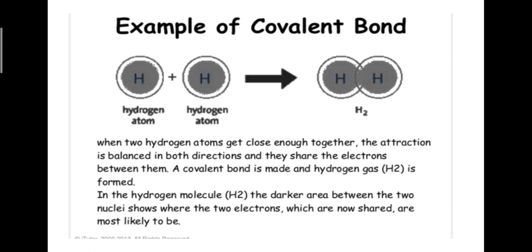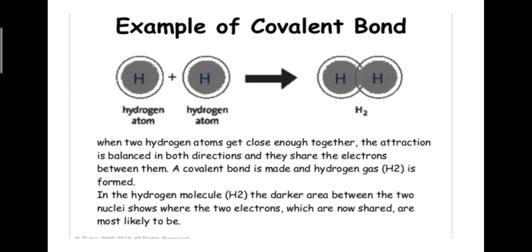The single electron in the orbit of each hydrogen atom is now shared by both the nuclei. You can see this darker side here in between where they are overlapping. Here it is showing the sharing of electrons. The highest probability of finding this shared pair of electrons is the overlapped region.